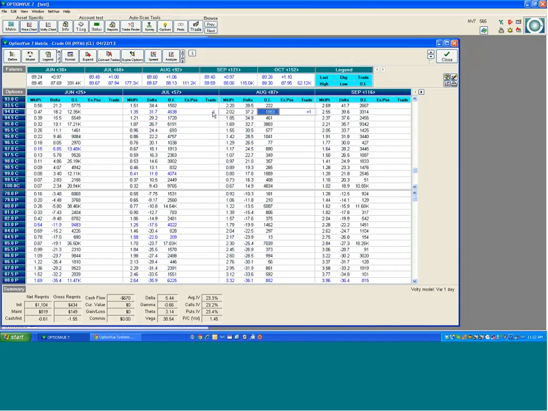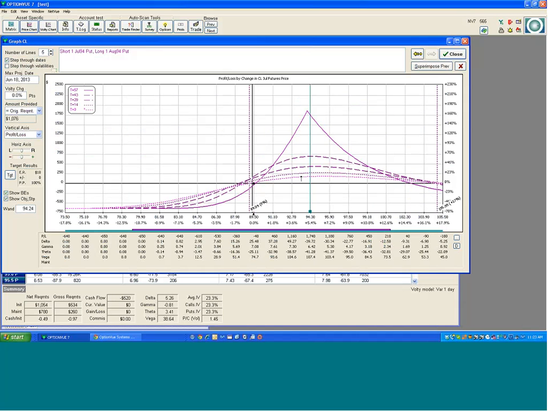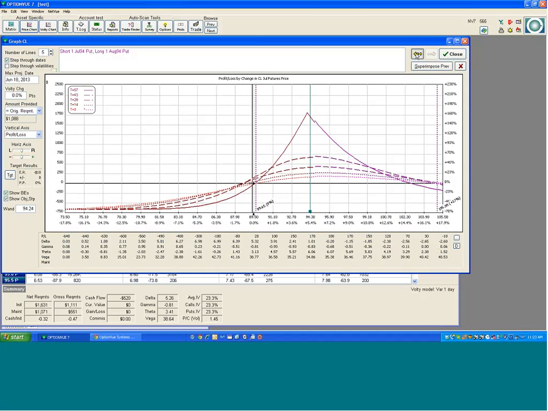But interestingly enough, when you're dealing in calendar spreads, it doesn't matter whether you use puts or calls. It's only the strike price that matters. So instead of doing the 94 call butterfly, if we were to do the 94 put butterfly, you will find that the graphic analysis for that one is identical to the graphic analysis for the call butterfly. Going back and forth on the screens between them, you can see it's the exact curve.